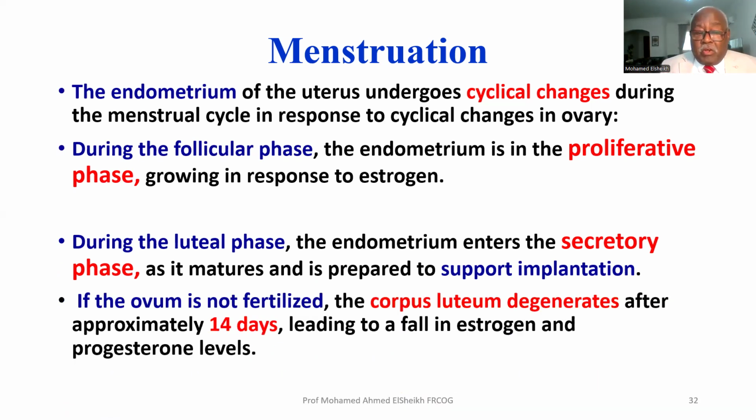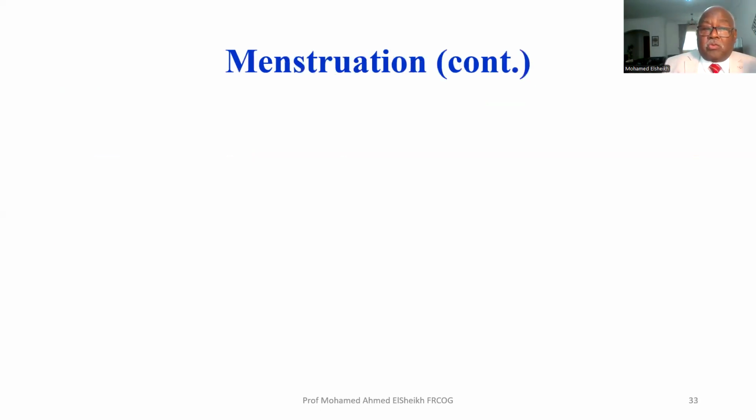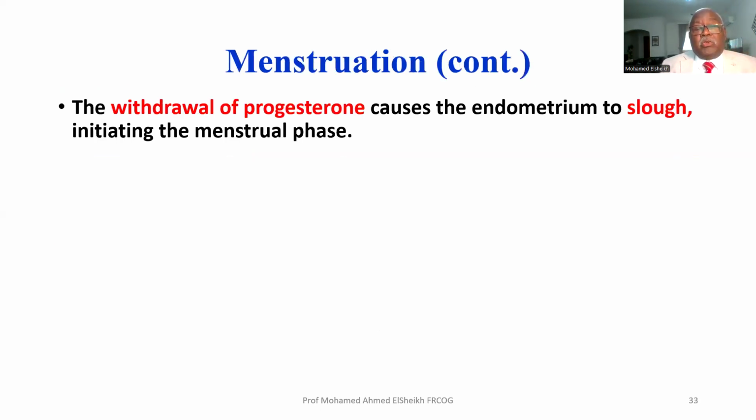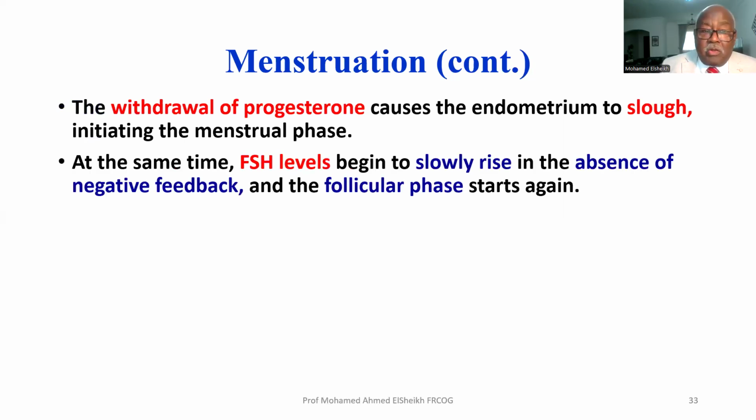If the ovum is not fertilized, the corpus luteum producing progesterone will degenerate after approximately 14 days, leading to a fall in estrogen and progesterone levels both. And as the result, menstruation will take place. The withdrawal of progesterone causes the endometrium to slough, initiating the menstrual phase.